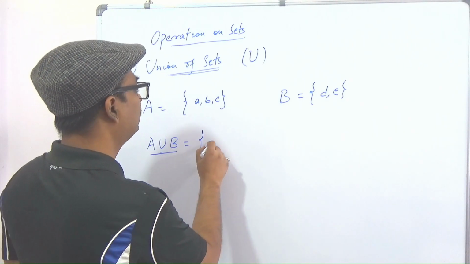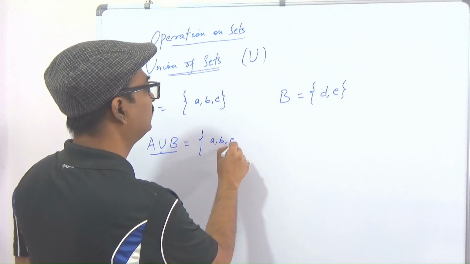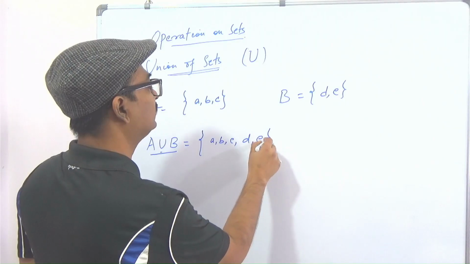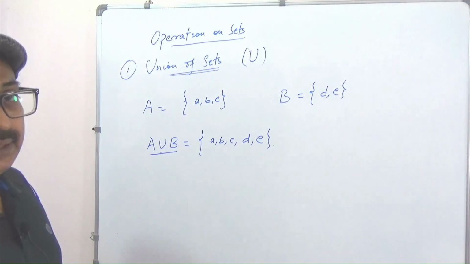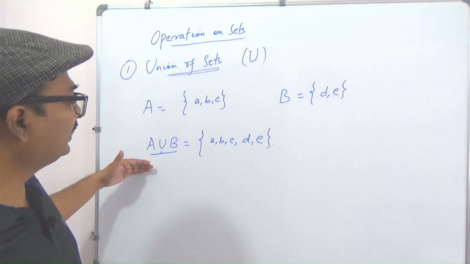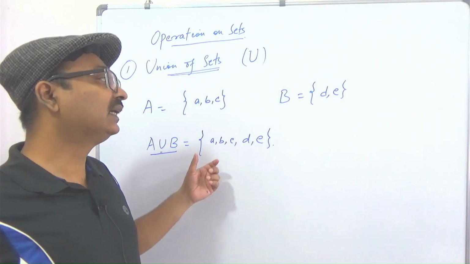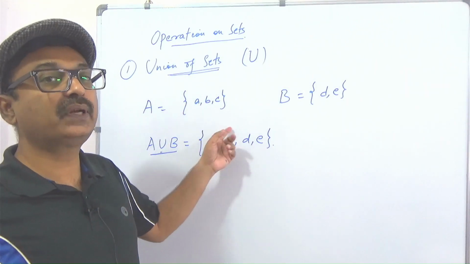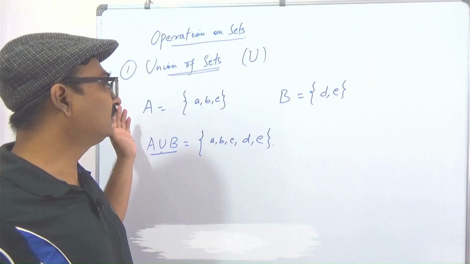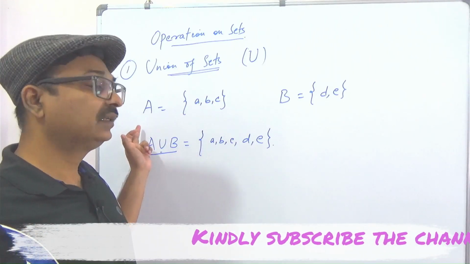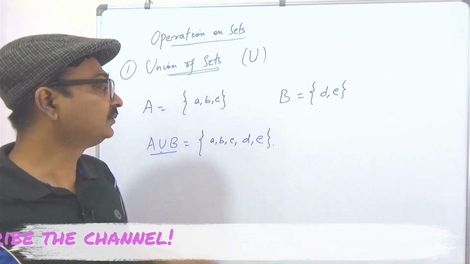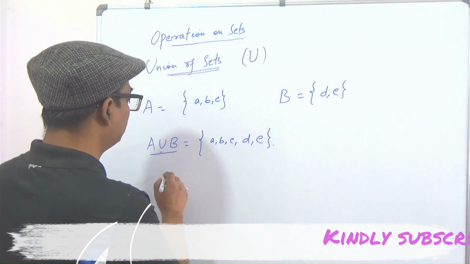Then this will be a, b, c, d, e. So this is A union B. How do we define it? A union B is the set which has all the elements of A and B, that is, elements of A and elements of B. All the elements are present. How will we write it?